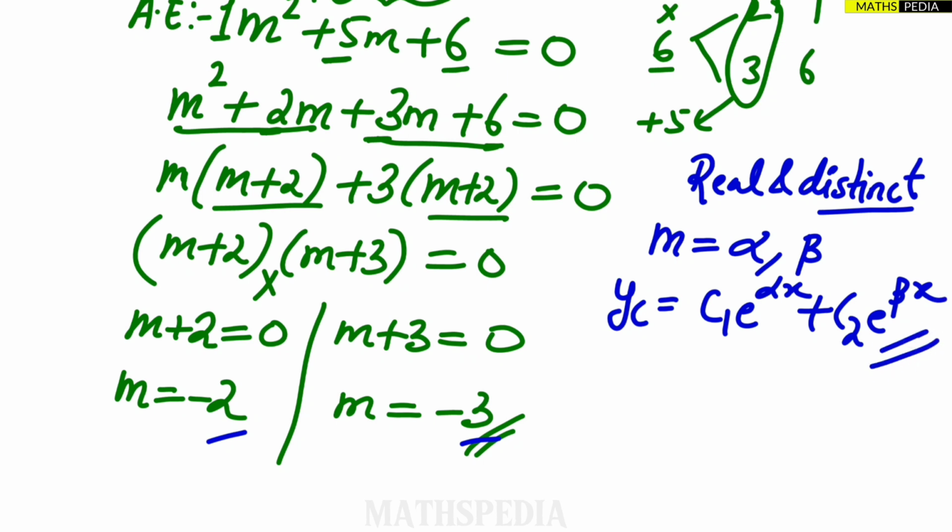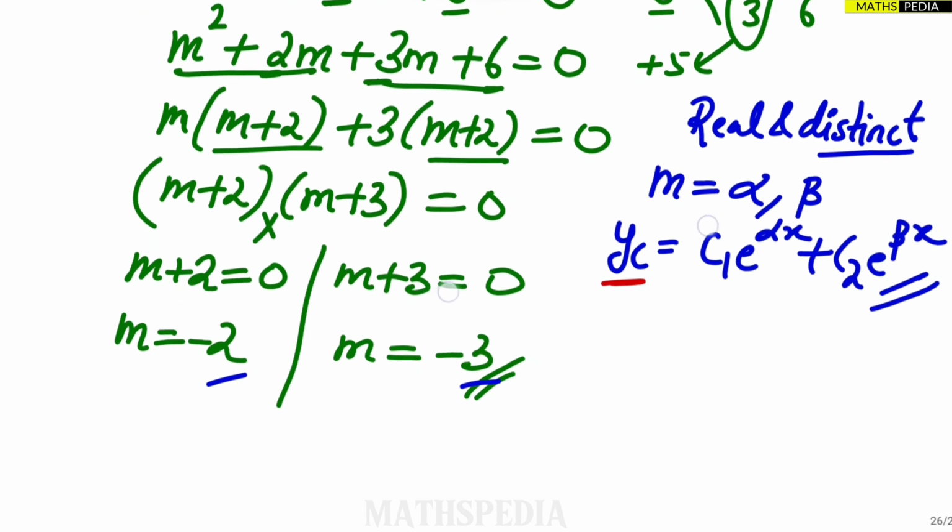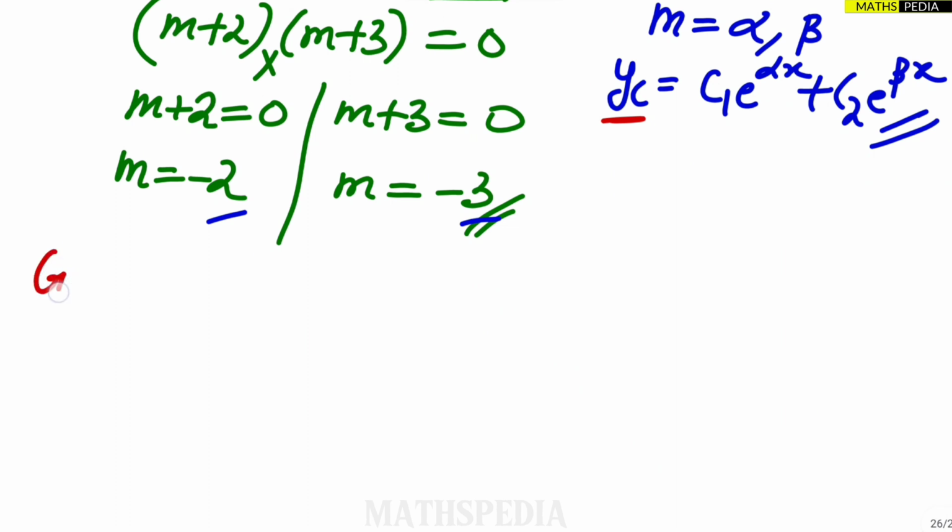But here the thing is how we are going to write the yc value. That is very important. Here we won't be writing yc, but the thing is that here the variable has changed. Here the variable is x. So you are going to write the general solution as what?